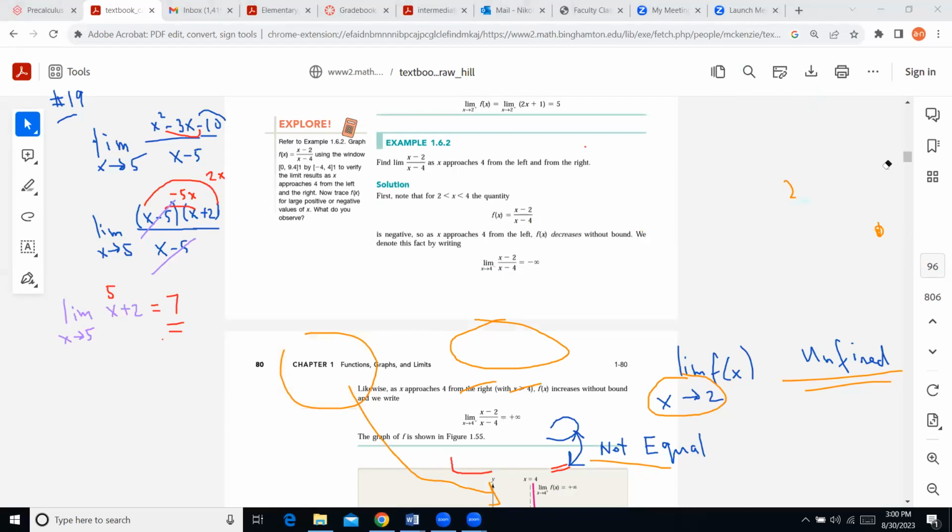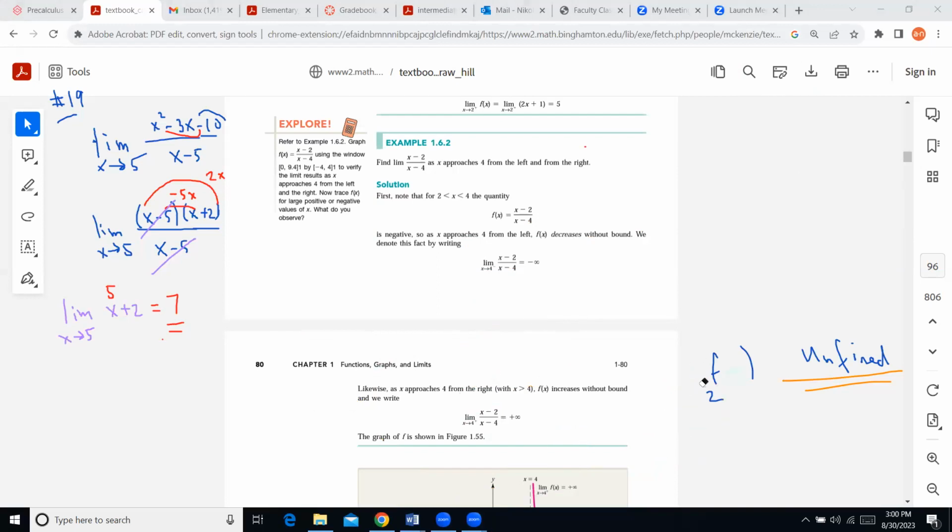So the next example, I think, gives another very good idea of when we actually don't have a limit. We have here a function with x minus 4 in the denominator. And notice that it means x minus 4 is not 0 because we don't want to divide by 0. So we say that x is not equal to 4.